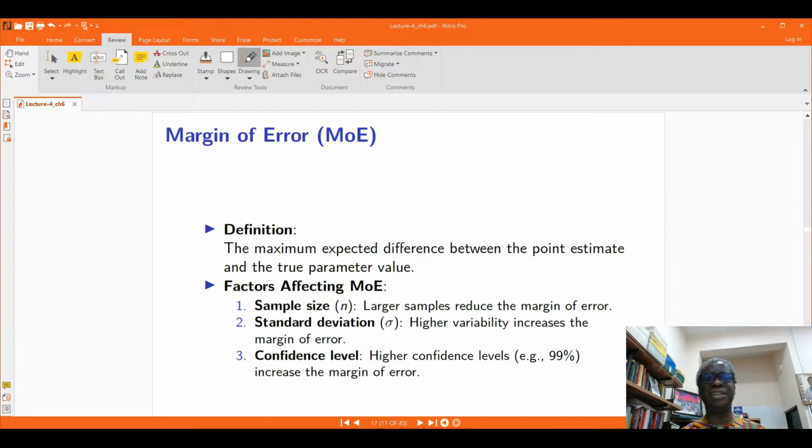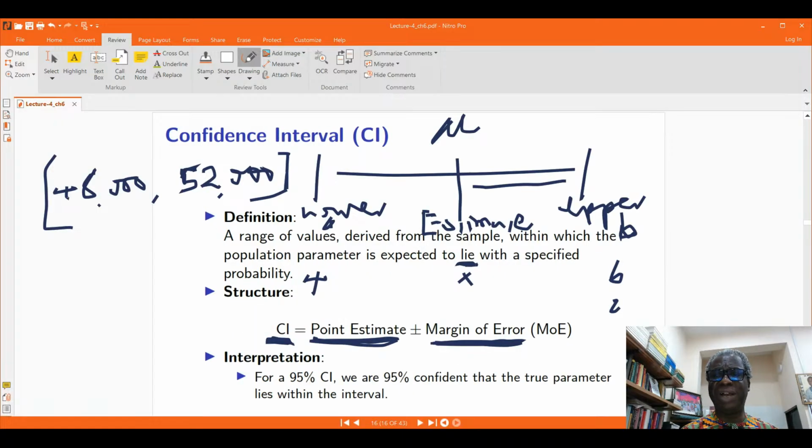So let's spend a little time to discuss the margin of error. We know margin of error is very, very important here. And so how do we compute it? For the point estimate, we really don't have a problem with that.